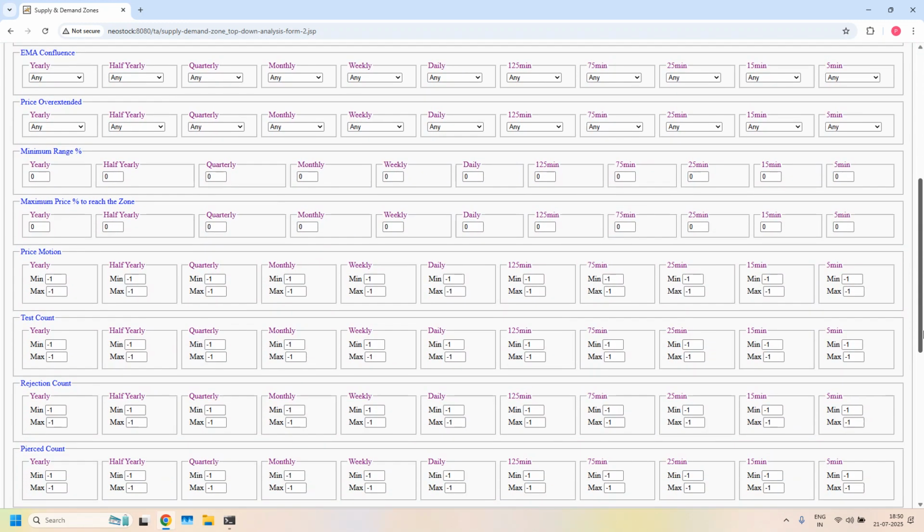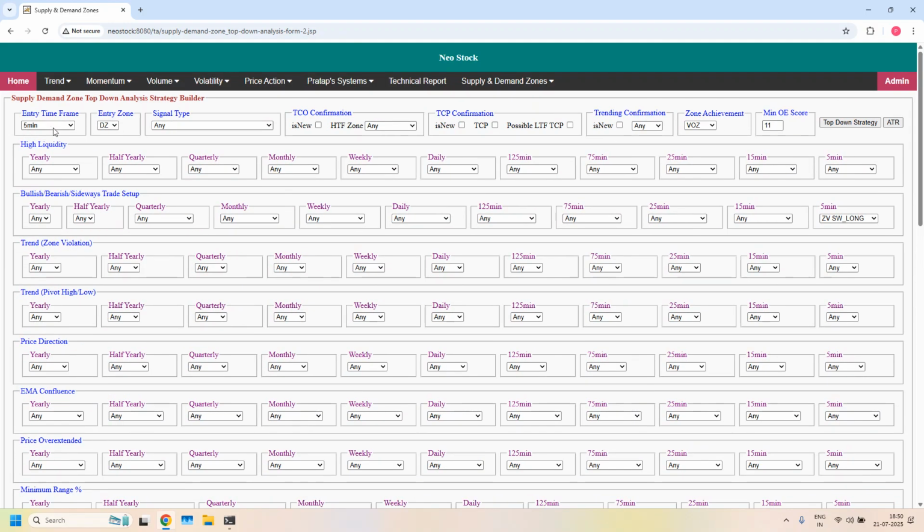So in the pierced count parameter at 5 minutes time frame, I'm setting minimum value 0, maximum value 0. That means zone pierced count is 0. That means zone is not pierced. Which zone? 5 minutes demand zone, because filter will be applied on this. All the 3 filters will be applied on 5 minutes demand zone.